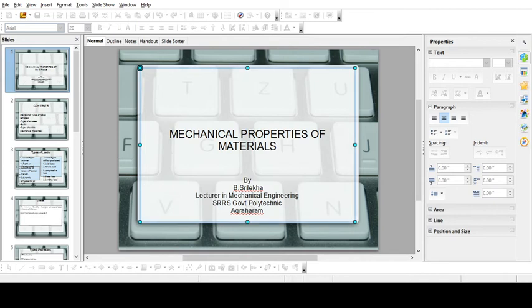It can be defined as the slow and progressive deformation of the material with time at constant stress. It is a very important property to be considered while designing a component to withstand stress at relatively high temperature.